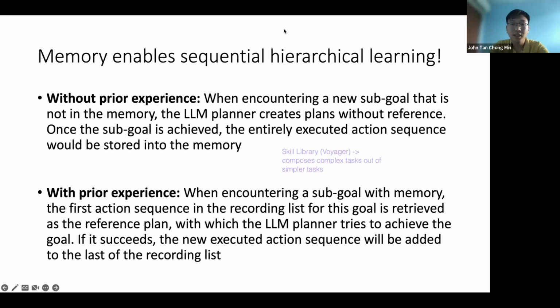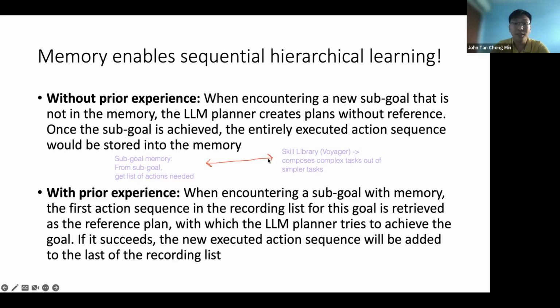Now we actually have a similar mechanism here. Subgoal memory: from a subgoal, get the list of actions needed. Can you all see the parallels between this subgoal memory and the skill library of Voyager? Can you all see this?